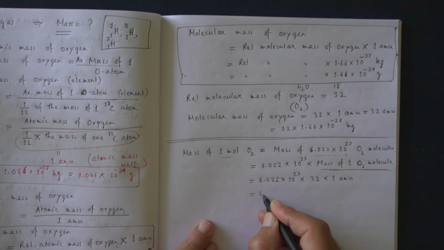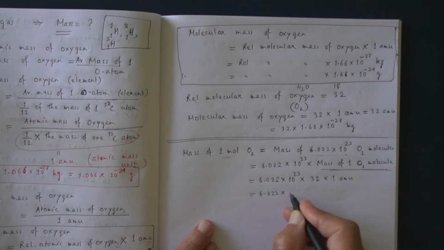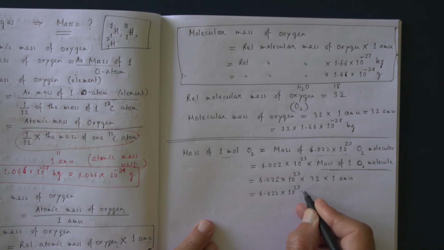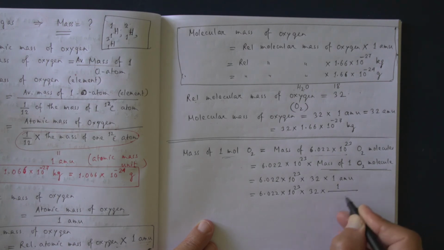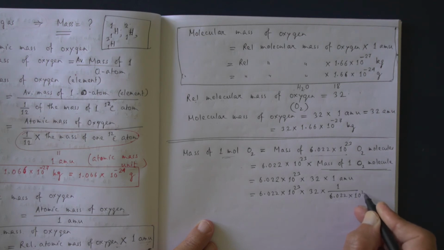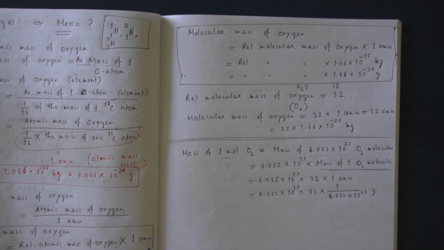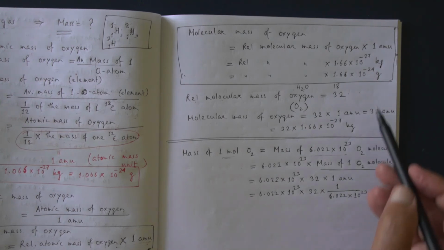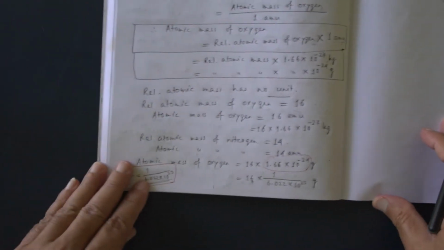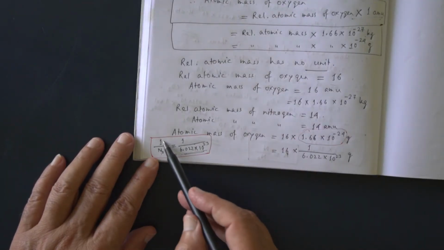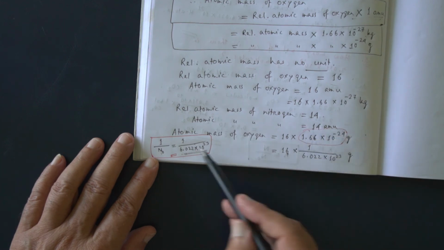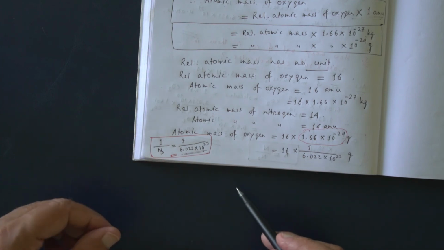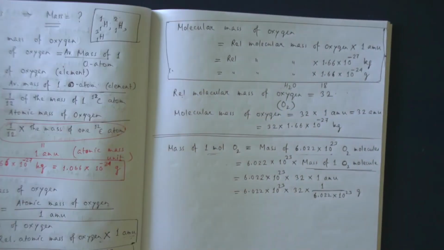Or I can write 6.022 10 to the power 23 into 32 into this much, because we have already shown that 1 by N naught is equal to this. So I can write like this.